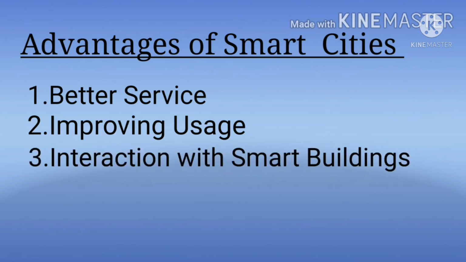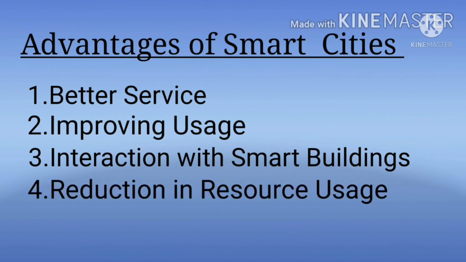And the next is interaction with smart building. Just as I am giving feedback, anyone else in the society can also give feedback. Like that, we can interact with each other about our feedback. And the next is reduction in resource usage. For example, I can switch off electricity from my office itself if I want, and that will help in sustainable development.